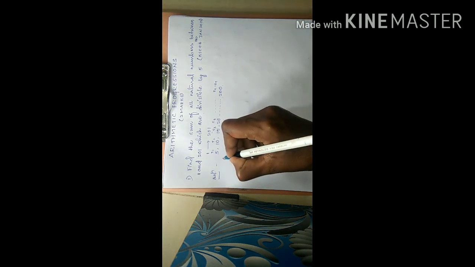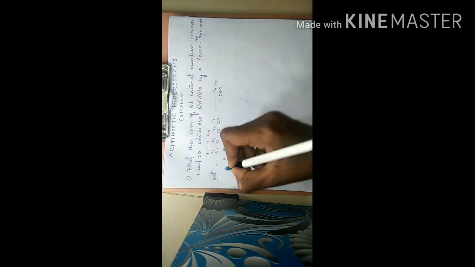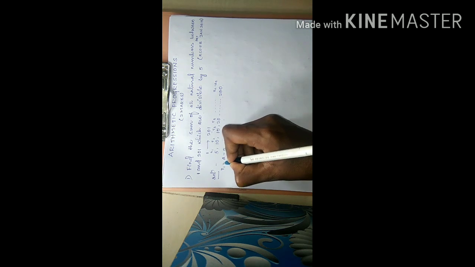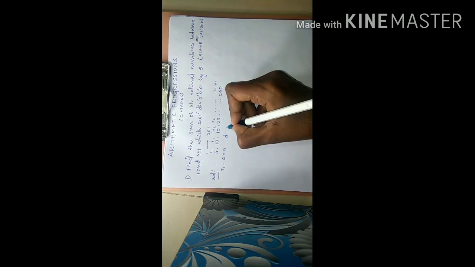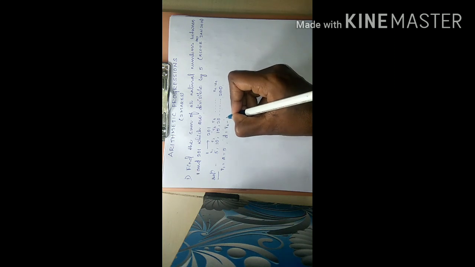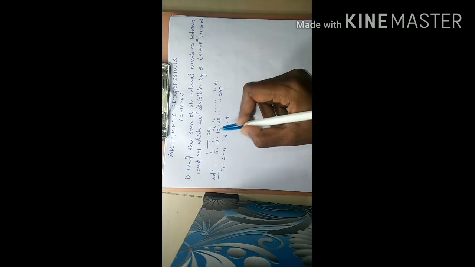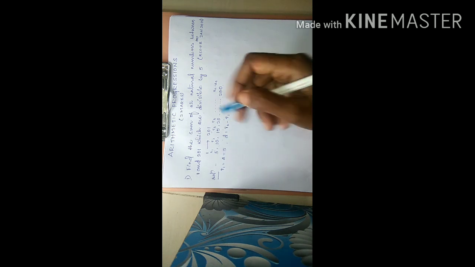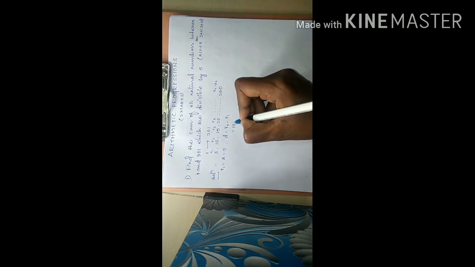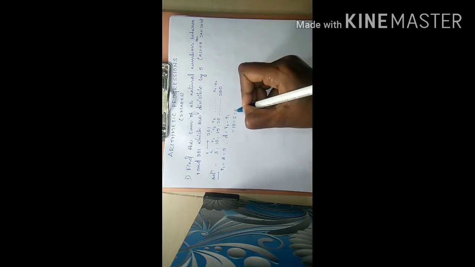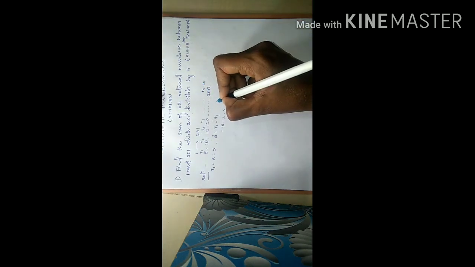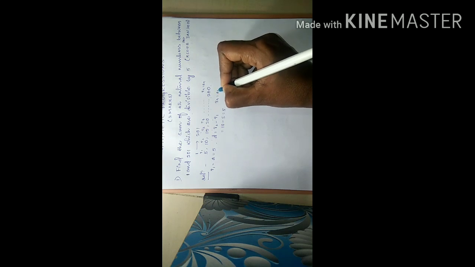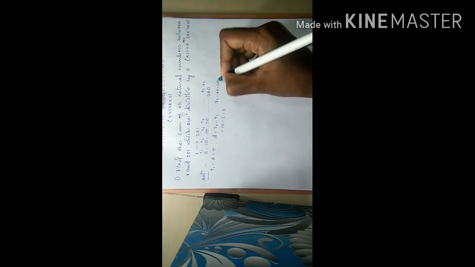Here A is equal to 5, that is the first term, and D is equal to T2 minus T1, that is succeeding term minus previous term, that is 10 minus 5 is equal to 5, and Tn, that is the nth term An, is equal to 200.